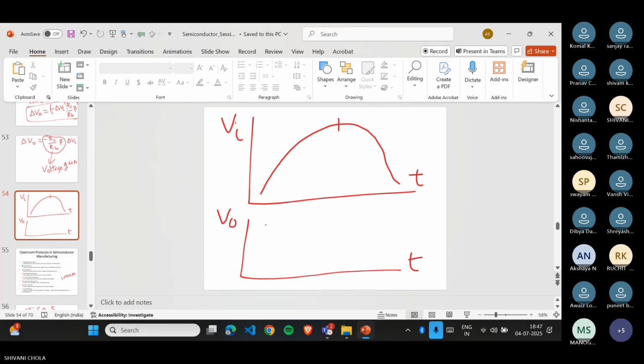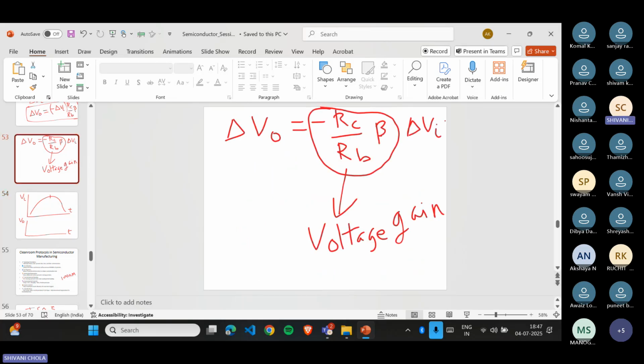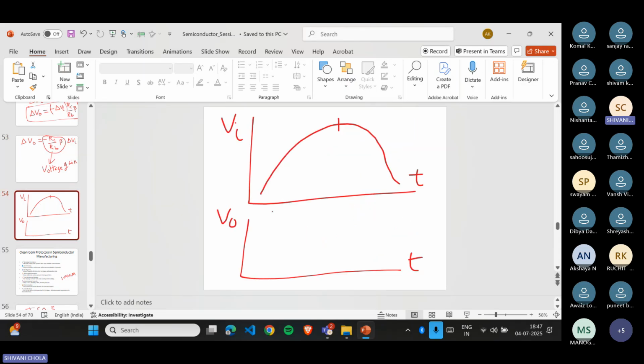Got it? Because if delta Vi is positive, positive into negative is negative, and delta Vo is negative. So our Vo versus time will look like this for the first half. True? Clear? Is this clear?